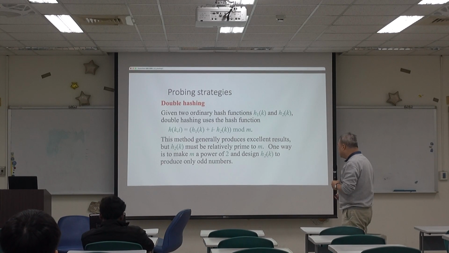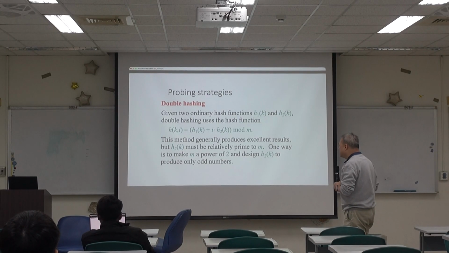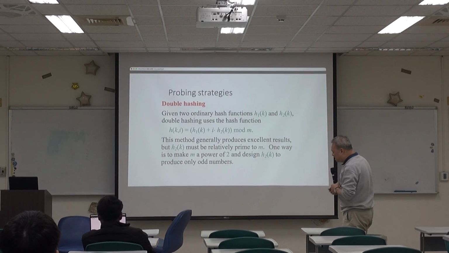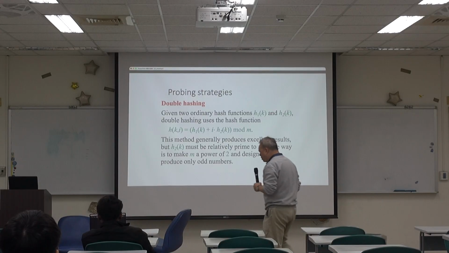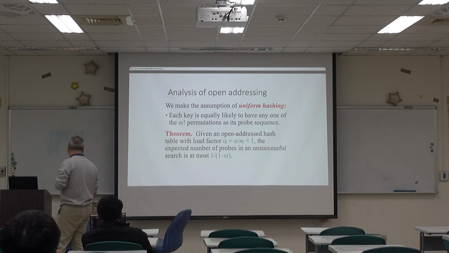One way is to make n a power of 2 and then design h2(k) to produce only odd numbers. This is, again, one way to guarantee that.